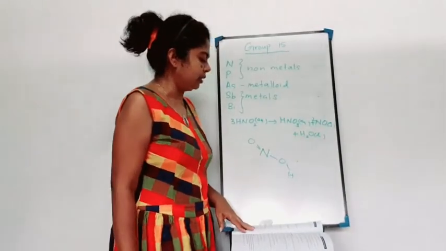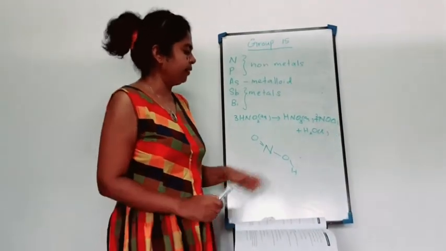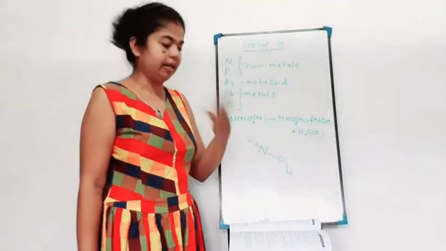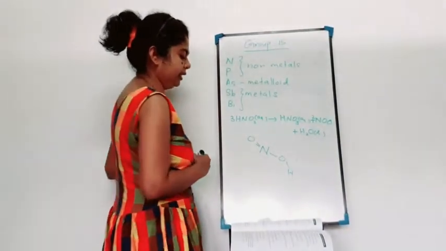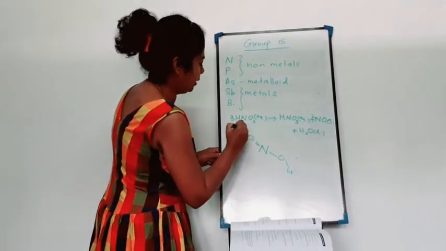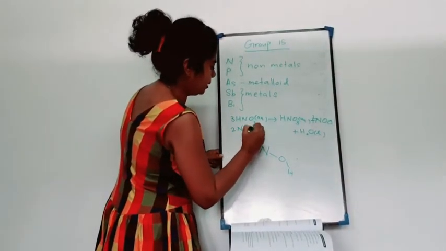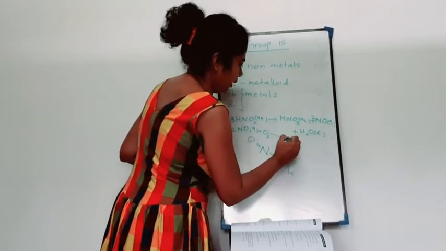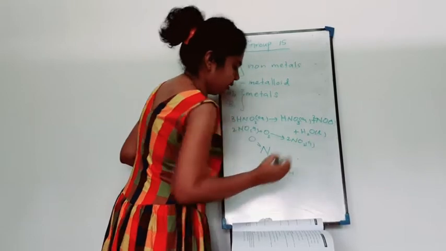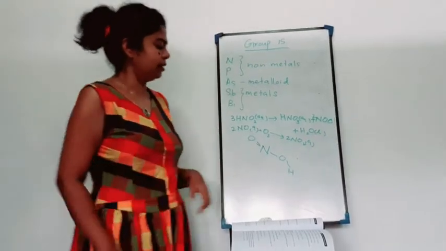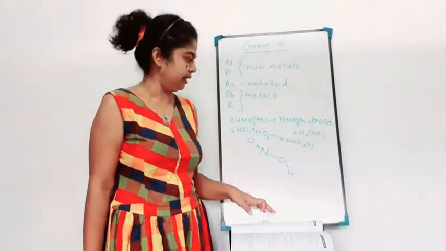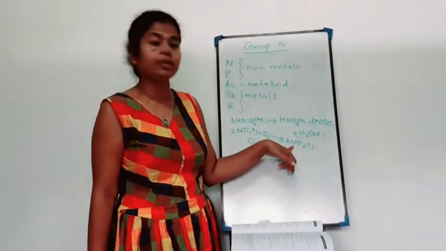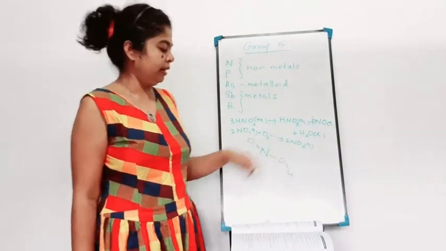NO is also not very stable. It can undergo oxidation again. So 2NO gas plus oxygen gives out 2NO2 gas. That is also oxidation, a reaction with oxygen producing 2NO2.